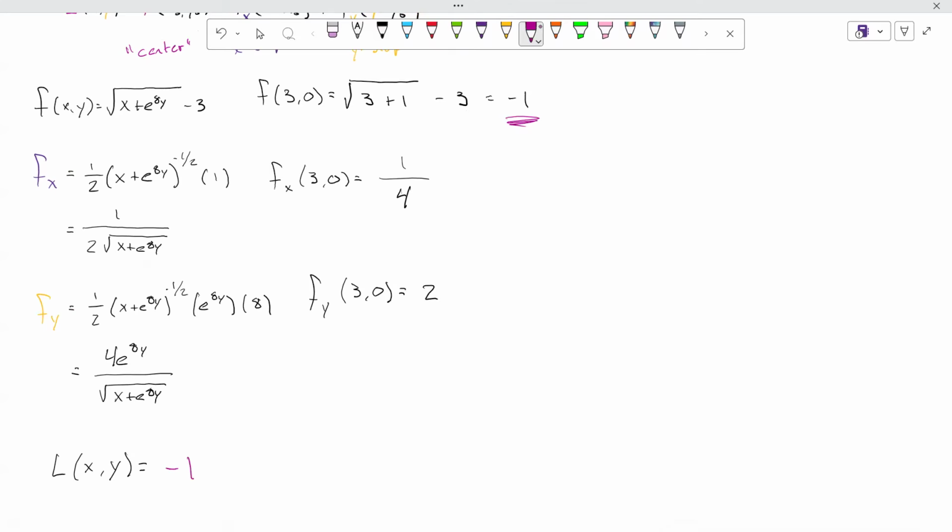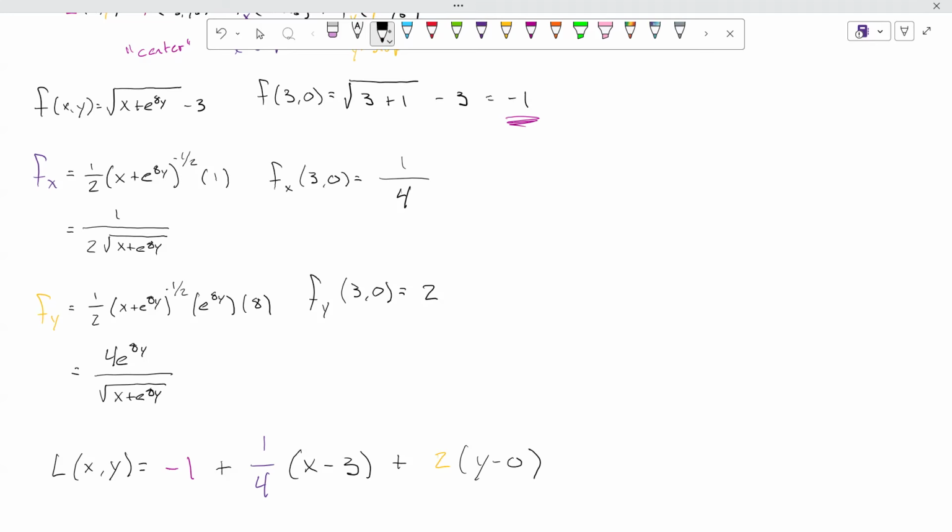Plus the x bit, which will be 1 over 4 times x minus 3. Plus the y bit, our derivative was 2, and our center was at 0. So that's my whole linearization. Minus the part about actually plugging in a point.